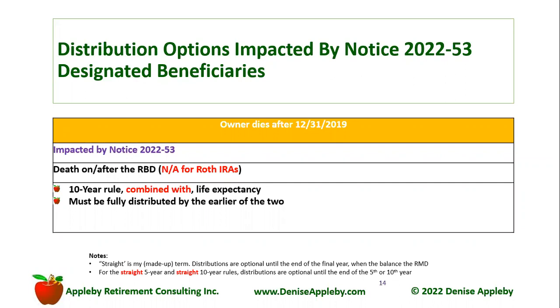But there are also special provisions where if the trust meets certain requirements, like if the trust has a minor child of the account owner as the beneficiary, then the trust could be an eligible designated beneficiary. And those are going to drive the distribution options.